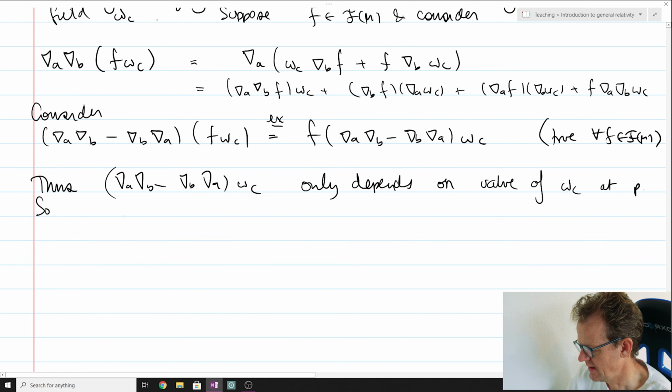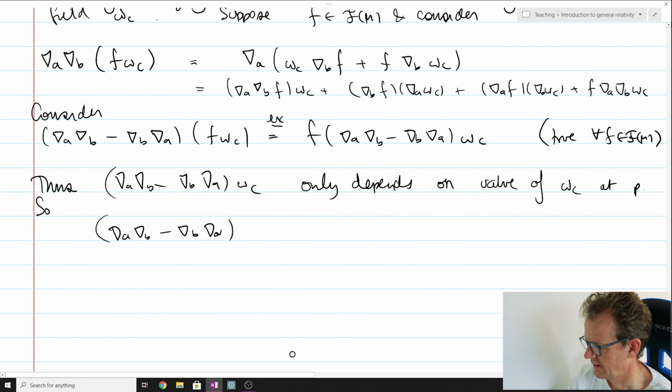So now we learn that the commutator of these derivatives defines a map, which I'll just write out as a map from tensors of type 0, 1 to tensors of type 0, 3.